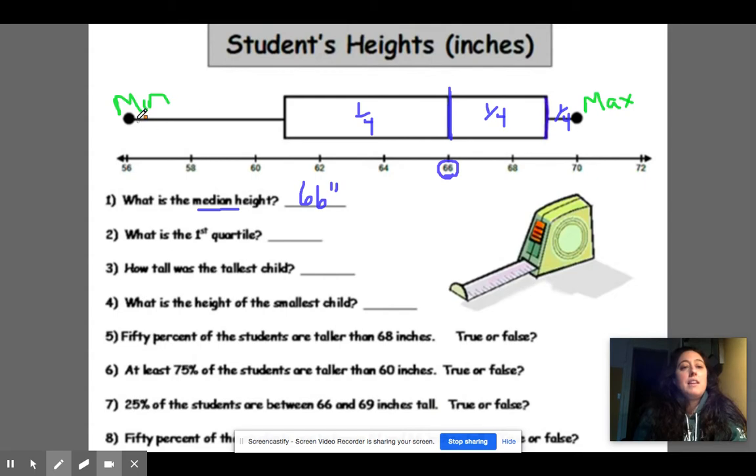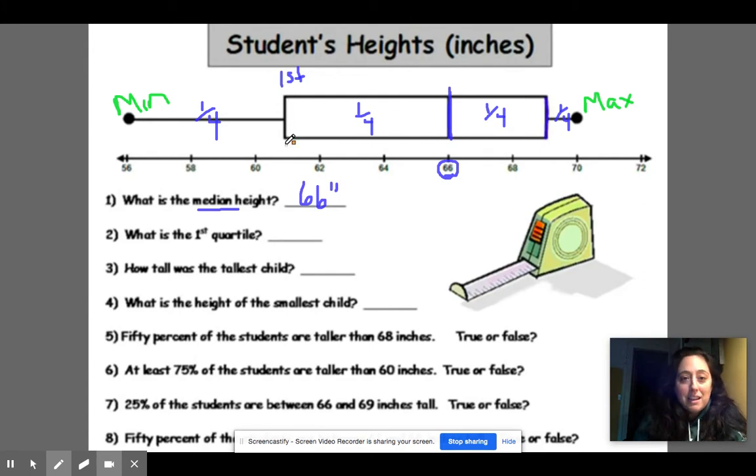From here to here, you would also have a quarter of the numbers in your entire data set. The first quartile would be this right here. This first line is always the first quartile. So from the minimum number, the smallest number, to the first quarter of data being represented would be your first quartile.